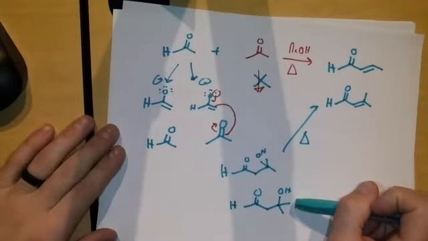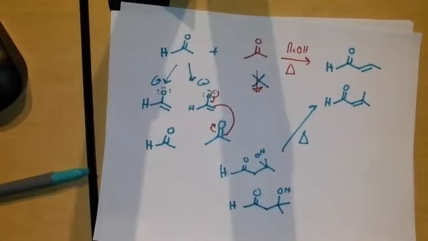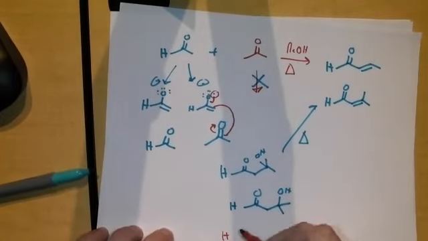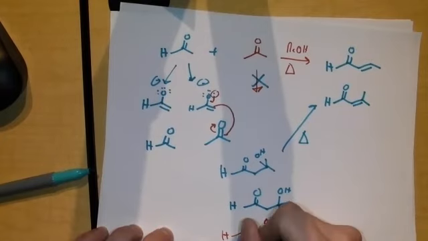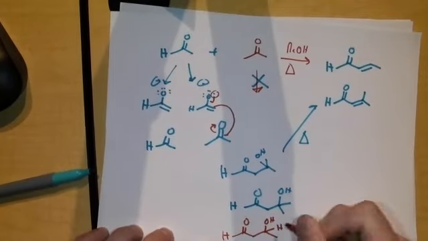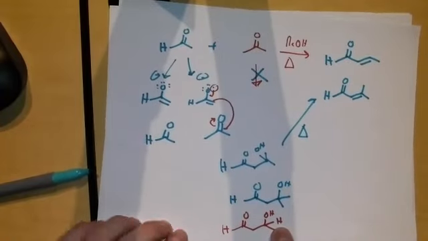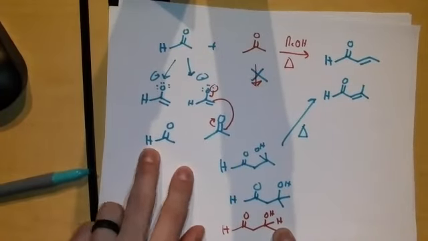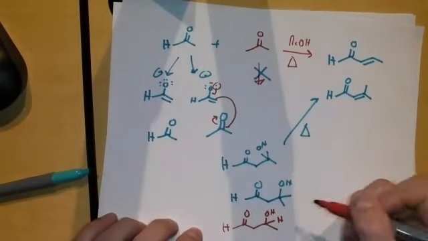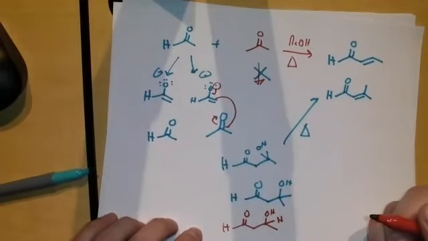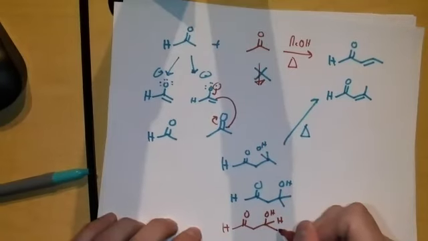Like if I draw out what we did over here, we don't normally think about this H here because we're dealing with an aldehyde. We have a ketone, it's two methyl groups, which means we need both of those methyl groups to be there, as opposed to the aldehyde where you have a methyl and a proton.